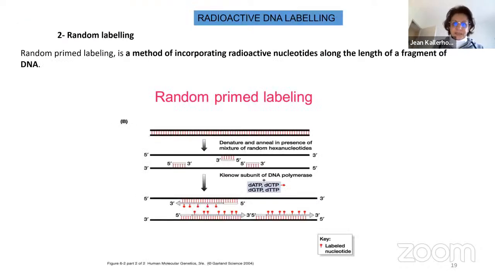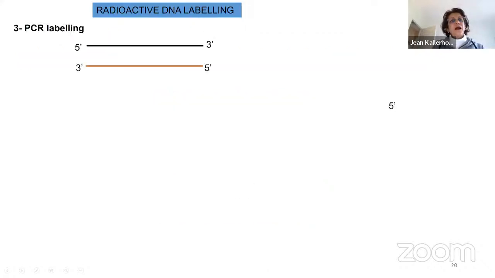Now, we can mix this with PCR, and we will label the DNA in a much more rapid way, much more efficient, with very high specific activity by using PCR. We will do the PCR exactly in the same way I explained to you in the first instance.